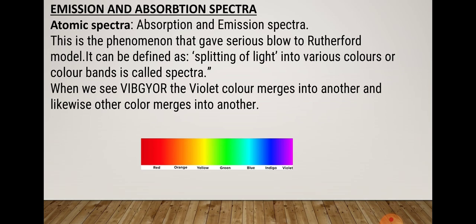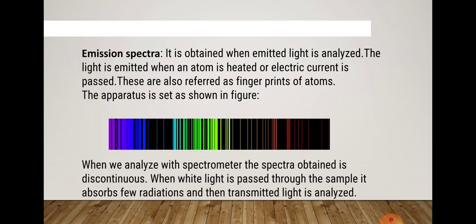Spectra are broadly classified into two types: emission spectra and absorption spectra. Emission spectra: atoms, molecules or ions absorb energy and come into an excited state. The normal state is called the ground state, when they are in their stable state.